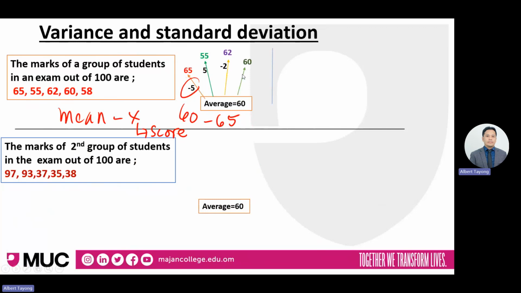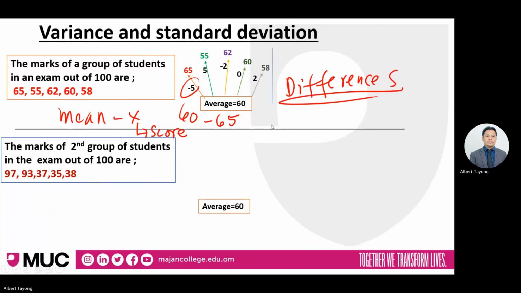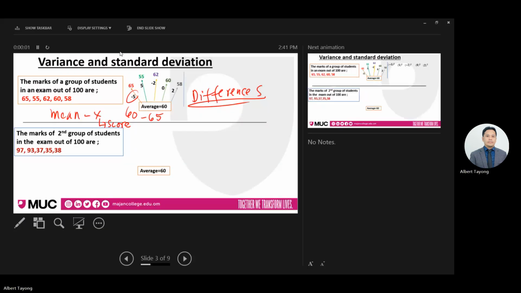Then 60 minus 60 is 0. And then 60 minus 58 is 2. Basically we are looking at the differences of the scores from the mean. So 60 minus 65 is -5. What's happening here?